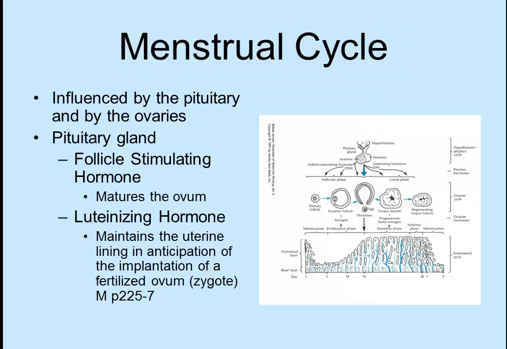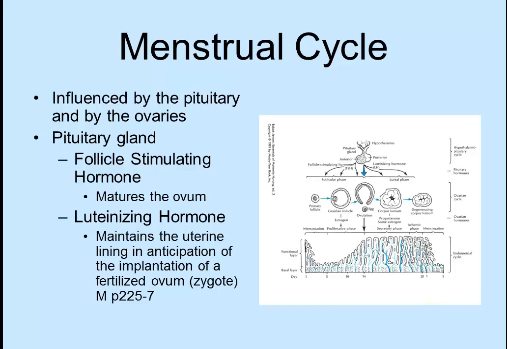The menstrual cycle. So the menstrual cycle is influenced by the pituitary and by the ovaries. The pituitary gland is what produces the follicle-stimulating hormones and matures the ovum. The luteinizing hormones, or you'll hear us refer to them as LH.